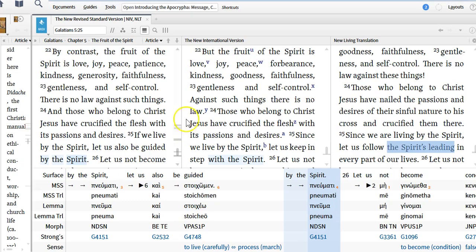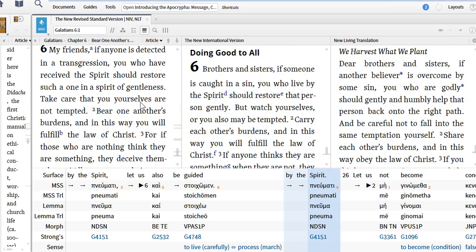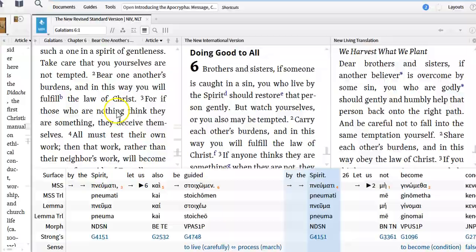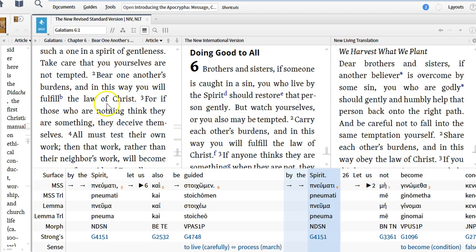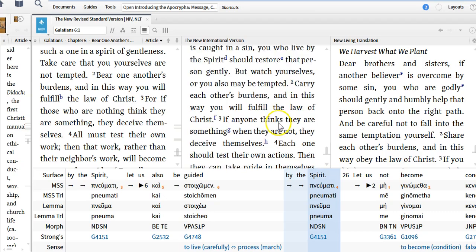Finally, from this ending segment of Galatians, I asked you to look at the two words nomon and Christou in the verse 6:2, bear one another's burdens, and in this way you will fulfill the law of Christ.